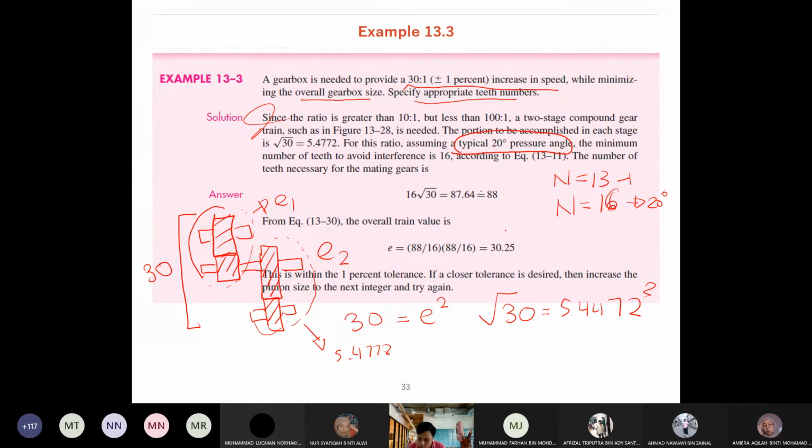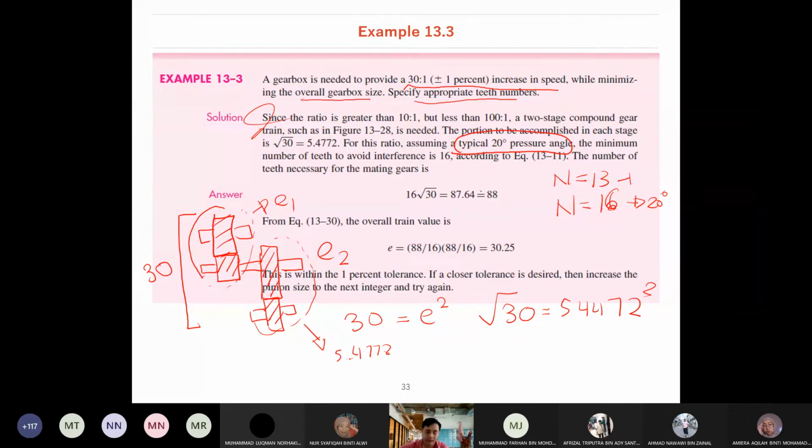Okay, equation 13-12 tu dia akan ceritakan kenapa kita kena pakai 16. So 16 actually is the minimum untuk mengelakkan interference. Okay, so maksudnya satu gear awak tahu dah kan. So minimum teeth yang kena ada adalah 16.